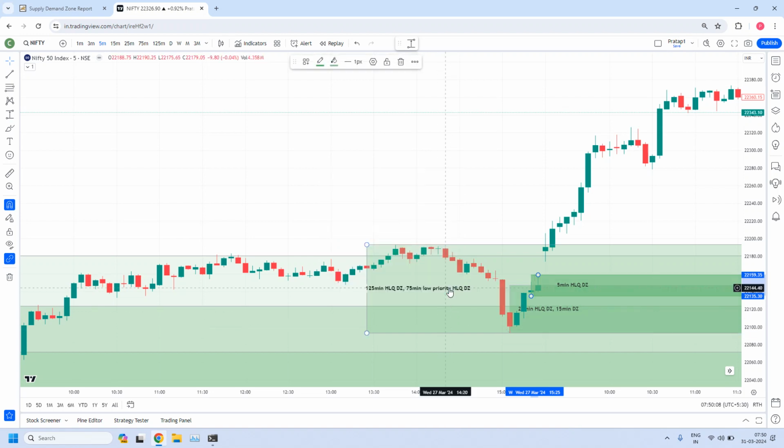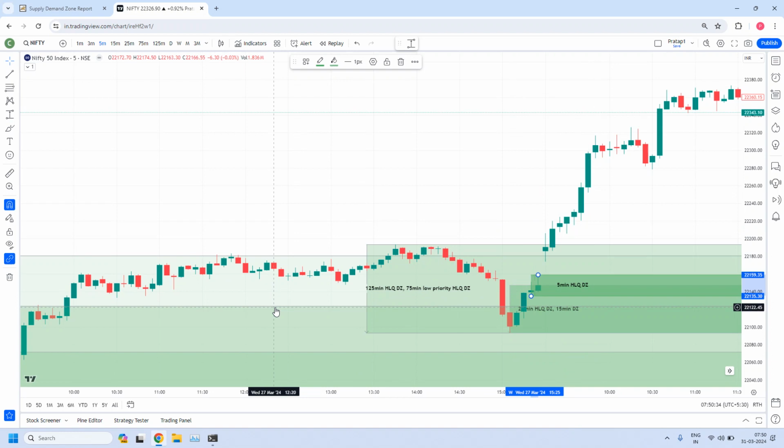And your fine-tuned zone is a high liquidity demand zone. The success will be even more. Definitely up to 65% success will be there if the 5-minute zone is also a high liquidity zone. Suppose this fine-tuned 5-minute high liquidity zone is inside a daily high liquidity zone or a 75-minute high liquidity zone, probably it has up to a 90% success rate.